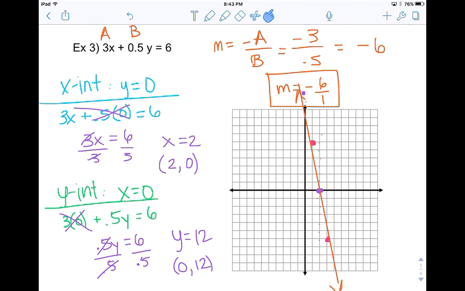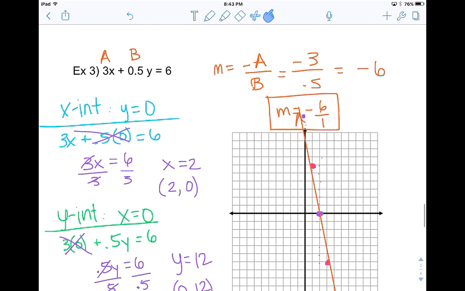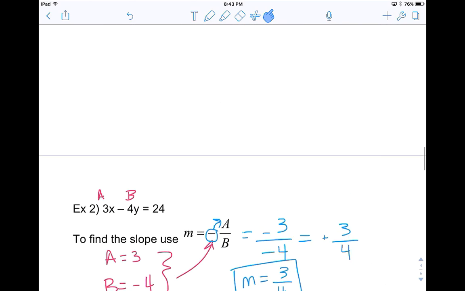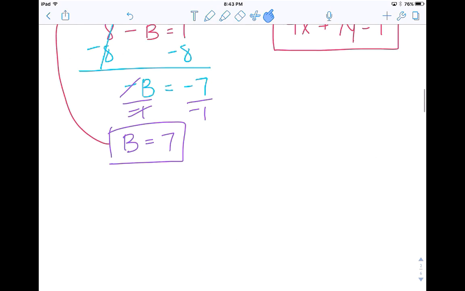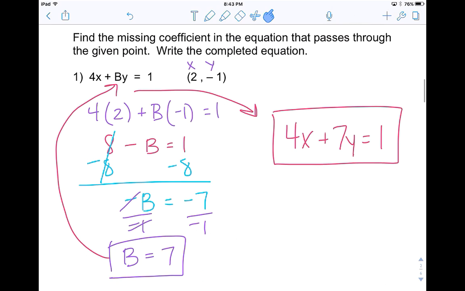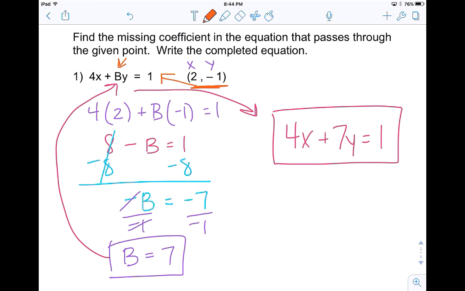Feel free to watch back through this video. I will post these notes on Google Classroom as well, because at the very beginning of these notes we did have one example where it asks you to solve for a missing coefficient. In this case they're asking you to solve for this missing b value. And just like when we were trying to decide if a point was a solution or not, you're just going to take this point that they gave you and plug it into your equation.